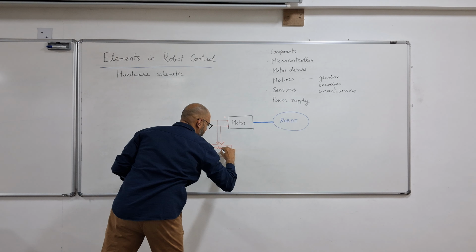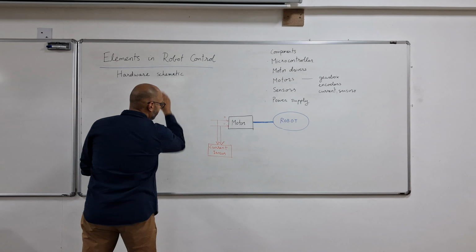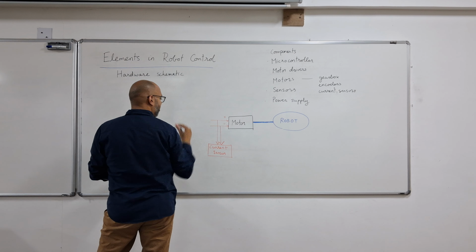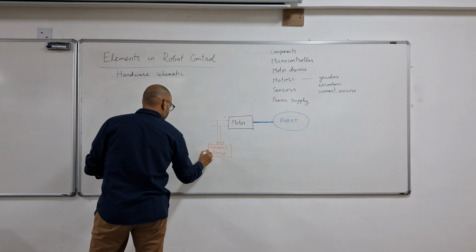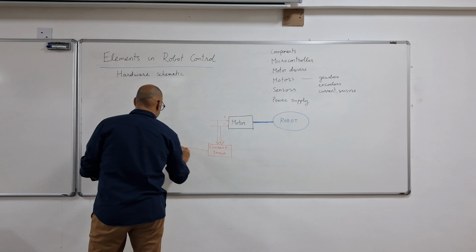And we already talked about in the control loop that current sensor is used in PI control, but here now in terms of hardware, that is implemented in a microcontroller. So this goes to a microcontroller, and since this is the lower level control loop, I'm calling this lower level microcontroller.